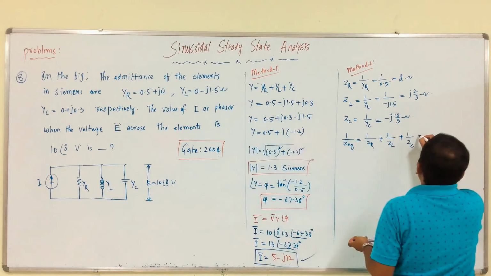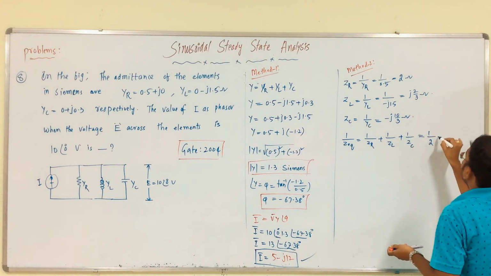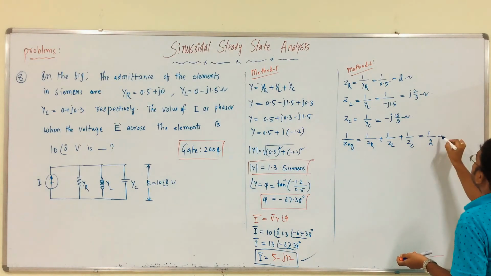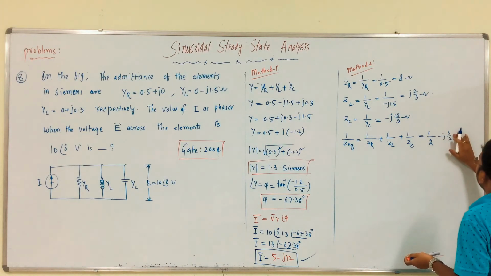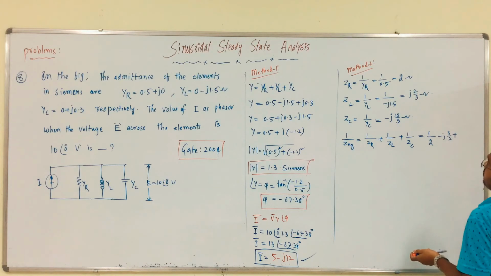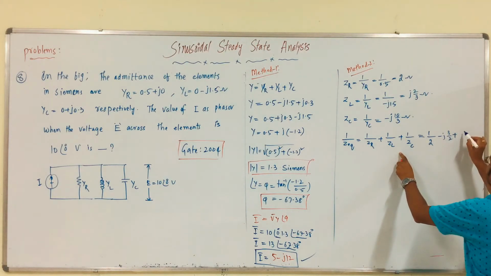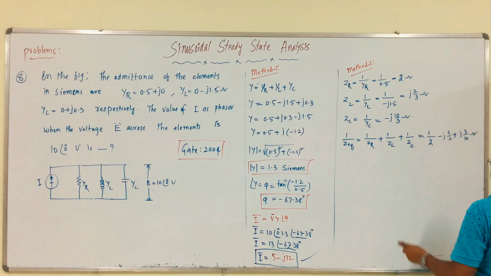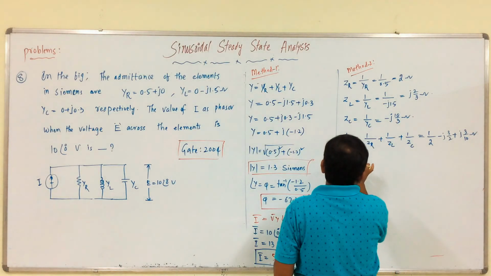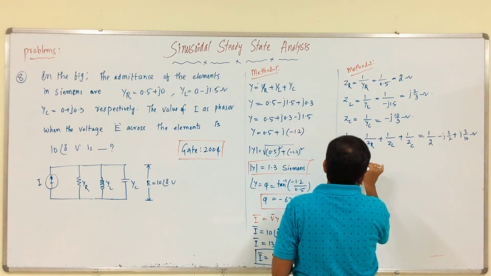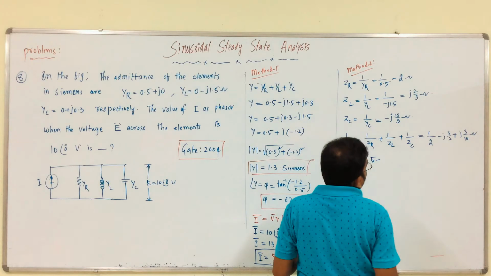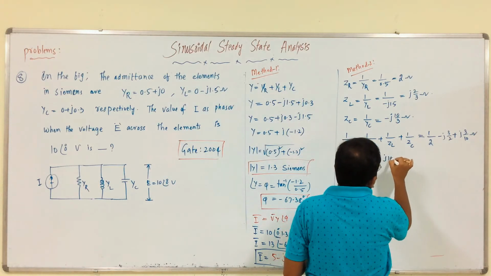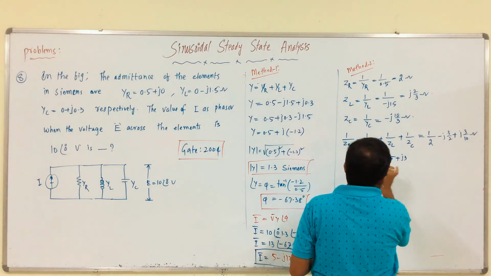So from this we can calculate 1 by 2 plus 1 by j2 by 3, that is minus j3 by 2, plus 1 by ZC, plus j3 by 10, like this we can get, right? So 1 by Z equivalent is equal to 5 minus j15 plus j3 by 10.